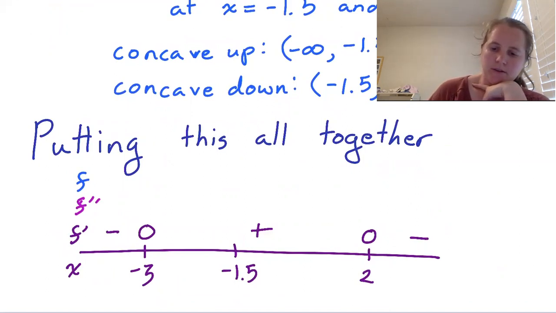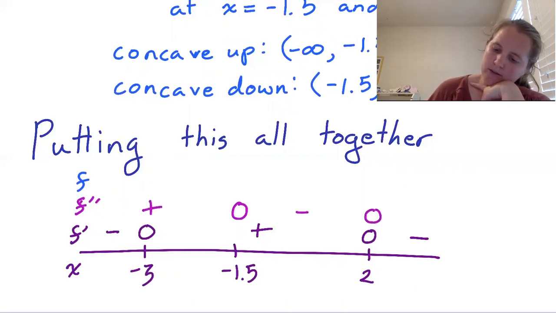Then the second derivative started off positive, passed through 0 at negative 1.5. Switched to negative, passed through 0 at 2, and switched back to positive.